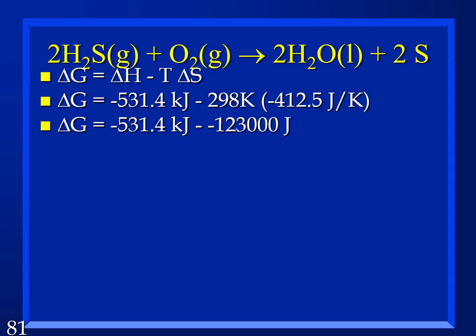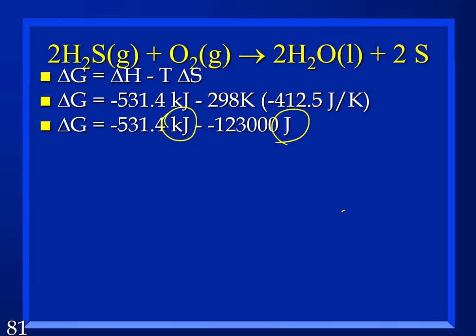But I can't do that math right now because this one's in kilojoules and that one's only in joules. That is going to happen every time you use this equation because entropies are always reported in joules, enthalpies are always reported in kilojoules. So all you have to do is remember to change joules to kilojoules.